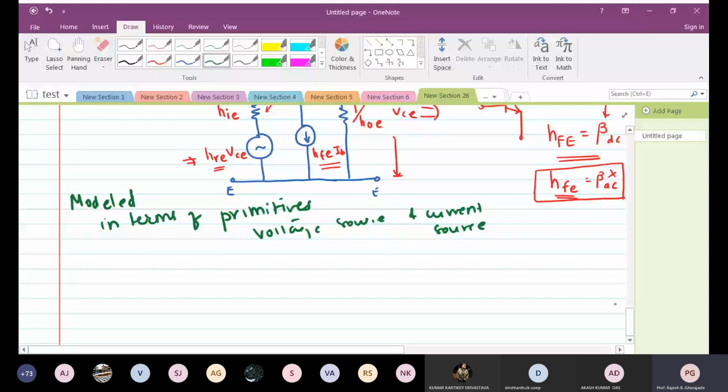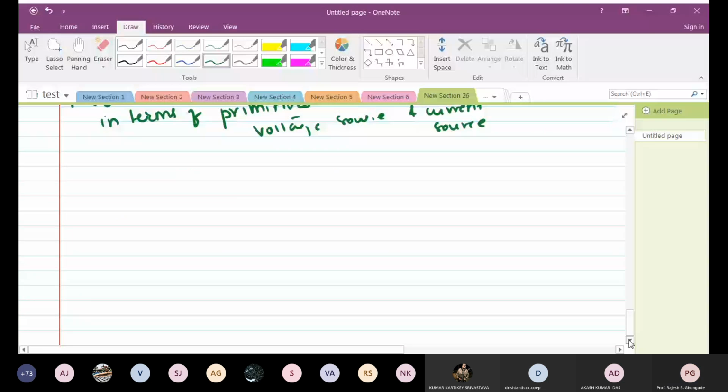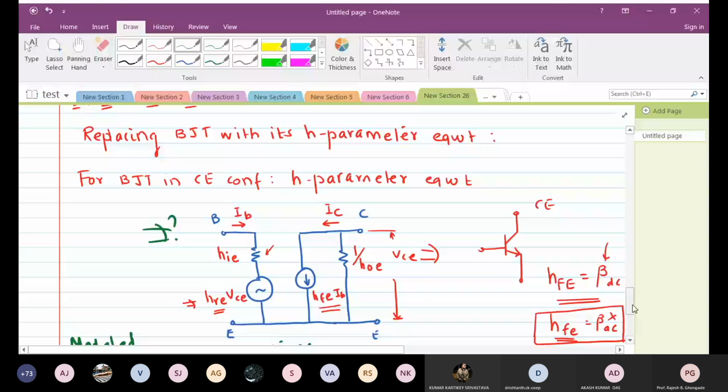Okay, we'll first of all see the H parameter equivalent circuit. Now, this is the device. This H parameter circuit is for this device. But we now have this device in addition to the other components also.